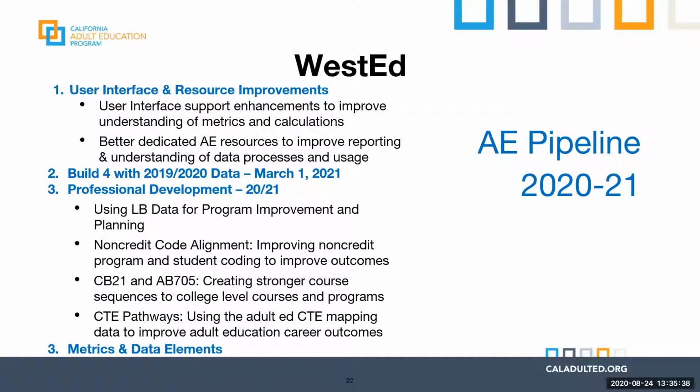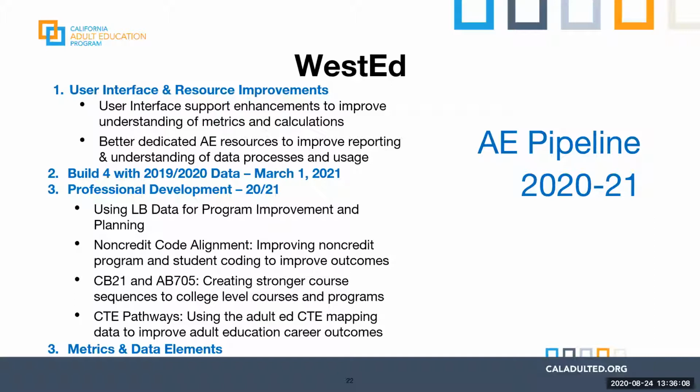So what that means is we're going to be looking to embed resources where you'll be able to roll over a metric and see a natural language description of it. You have much more direct access to the calculations for those metrics. And then we're going to be doing a complete revamp of all of the resources, learning resources, the labor market information, educational data systems, WIOA, and other topics that are important to how the LaunchBoard is constructed that you'll be able to access to make it more useful for you.